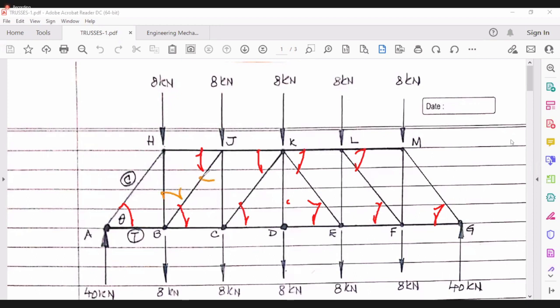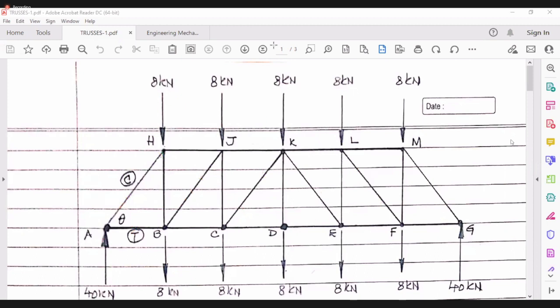This is phi, this is phi, this is phi, this is phi. Now you may be given this height and you may be given this length. As a result, you can find out tan theta and hence theta. You can find out tan phi and you can find out phi also. Okay.